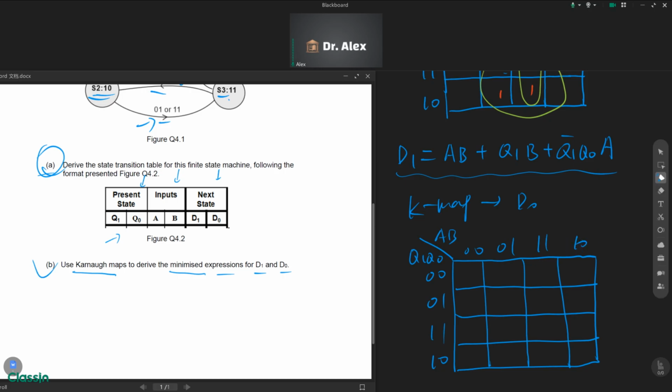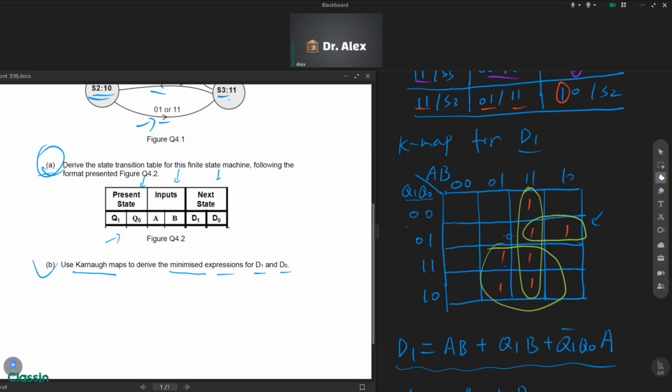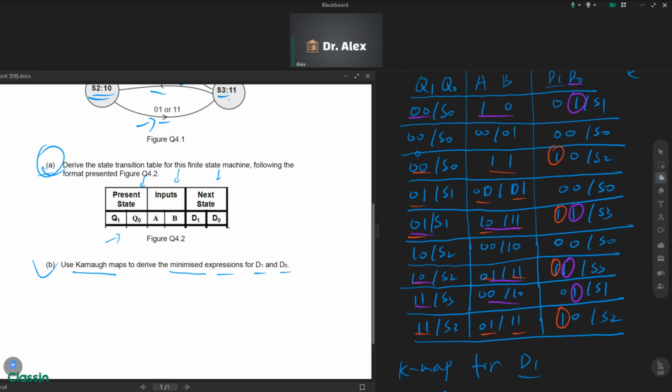We just fill the ones into the table. So this should be 1, 1, 1. This is 1, and for this one, this is 1. I think that's all the ones from this table.